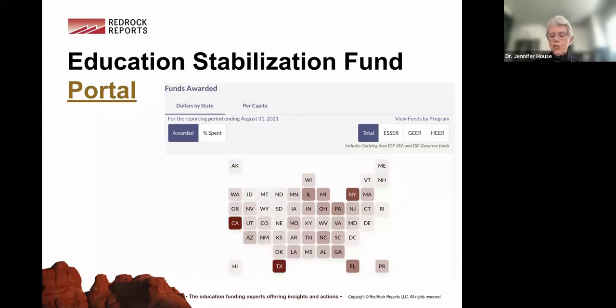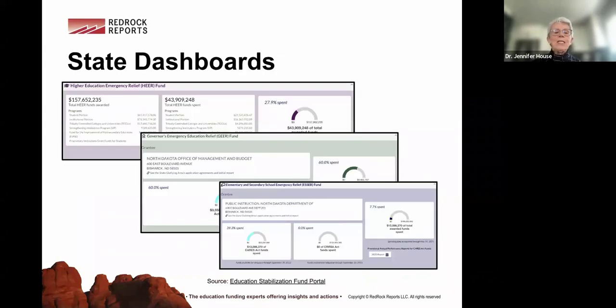So you can click on your state and what it'll take you to is a state dashboard, which will show you how much is in the higher ed, the GEER fund, and the secondary, the ESSER fund. It actually also shows you the EANS, which is that amount of money for the private schools.